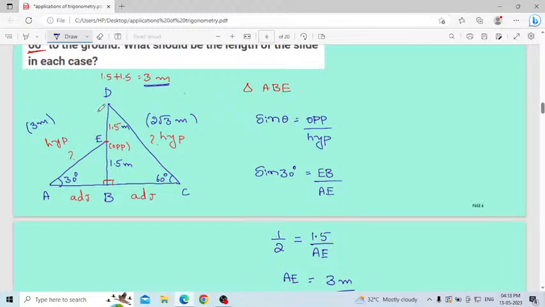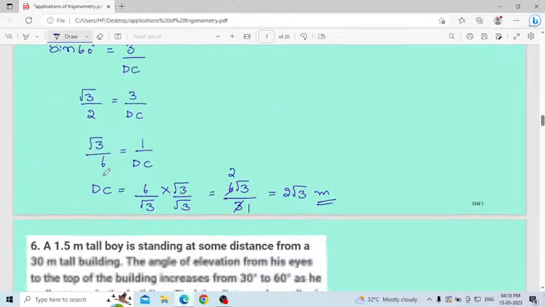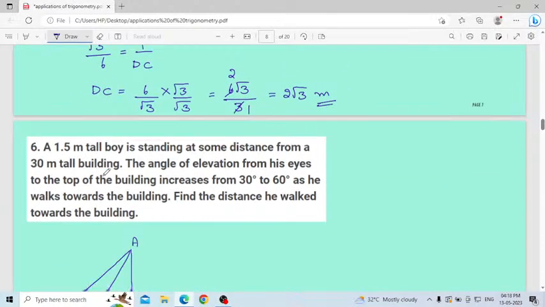That's why in this case opposite will be 3 meter. Substitute, solve, you will get the value. But at the end here, you have to rationalize the irrational number. For rationalizing, multiply and divide with the same number, then it will get rationalized.